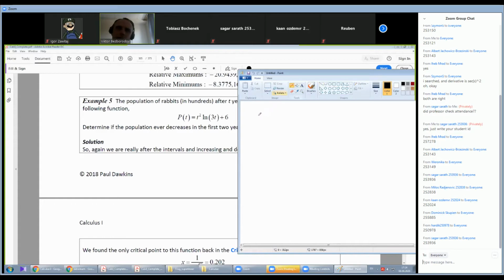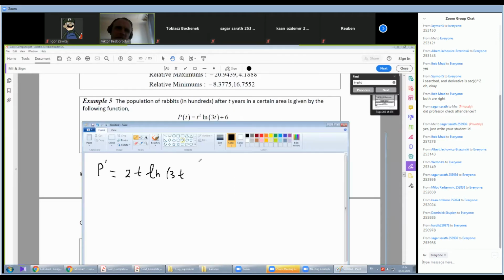The derivative is going to be p prime equals 2t logarithm of 3t plus t squared divided by 3t, times 3.